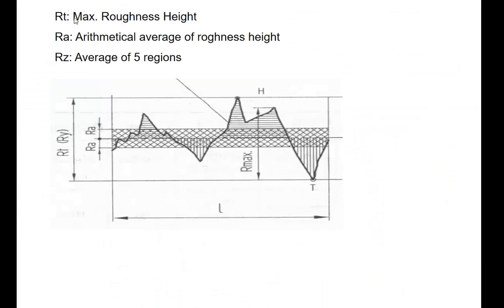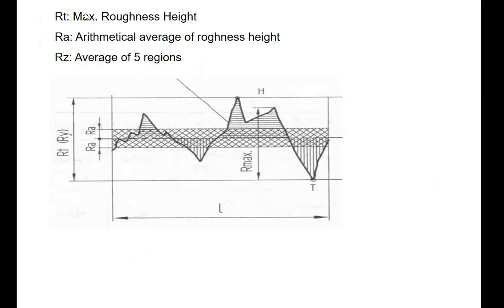Roughness height, maximum roughness height, arithmetical average of roughness height, average of 5 regions. Since there is more than one roughness definition, it is good practice to precede the roughness height with such a standard text.